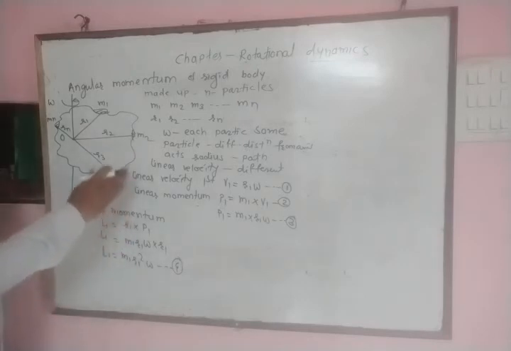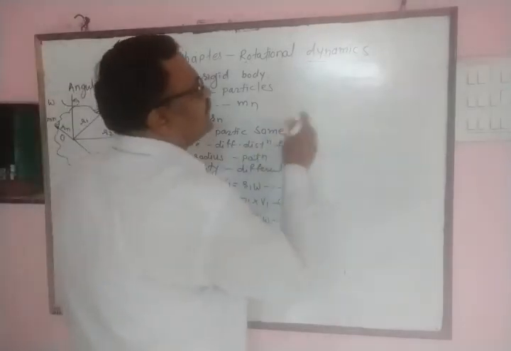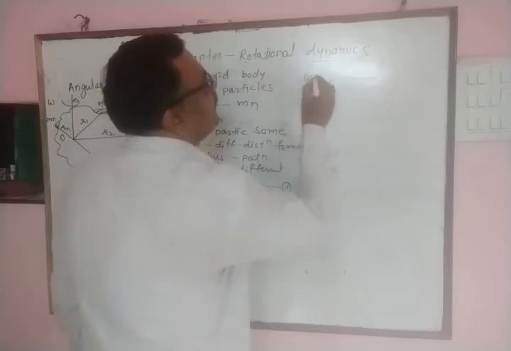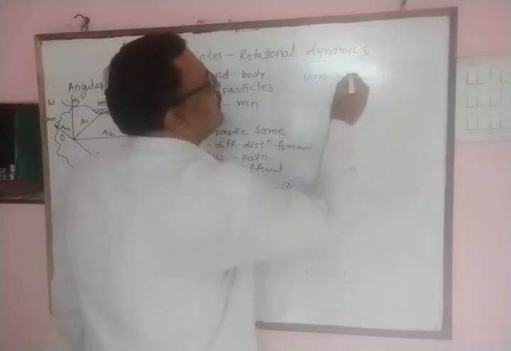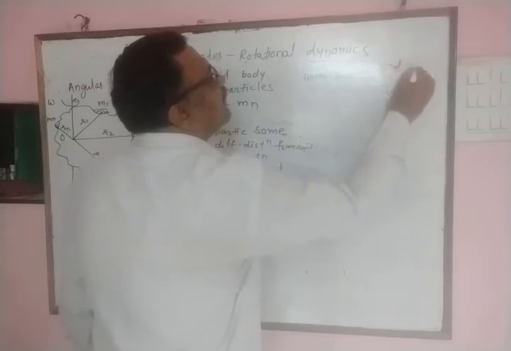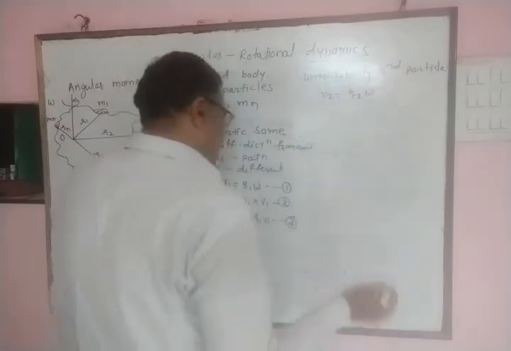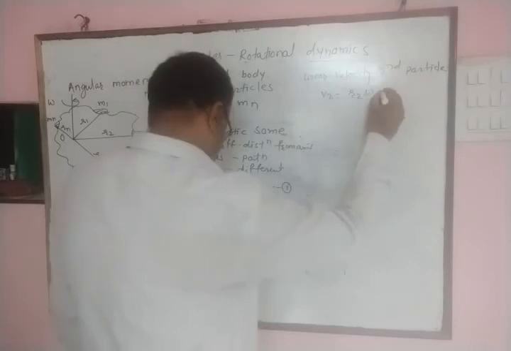The linear velocity of the second particle is V2, with formula R2 omega.